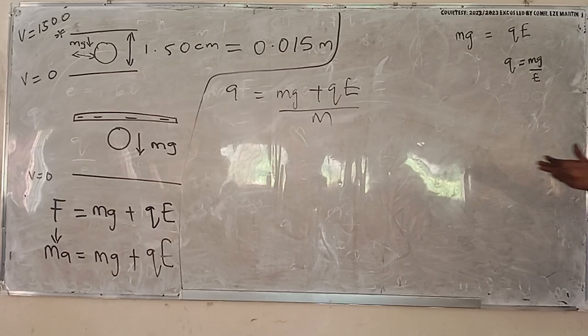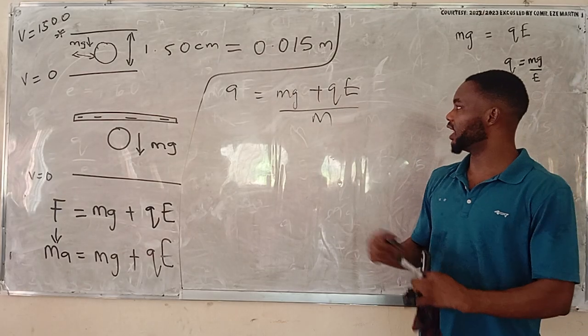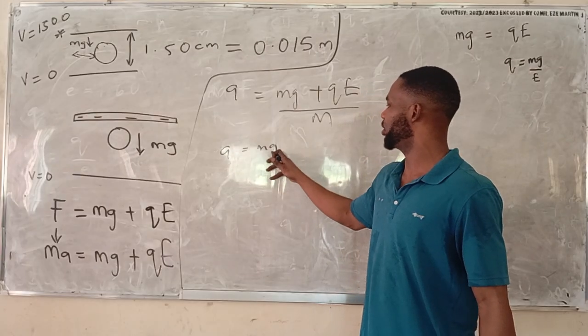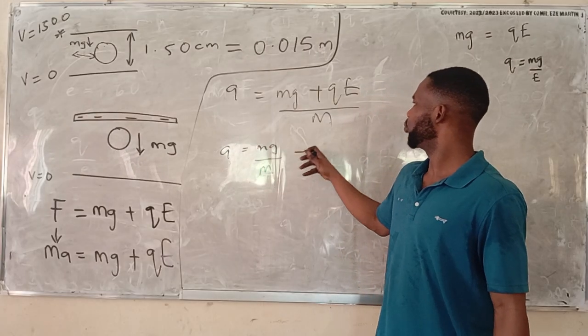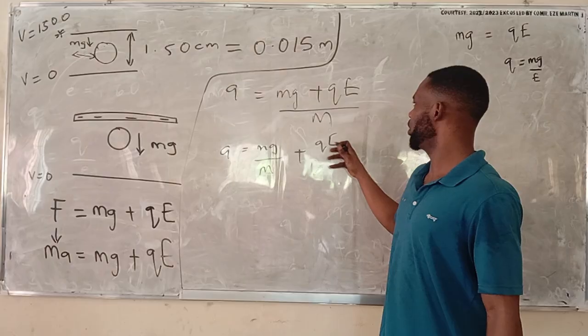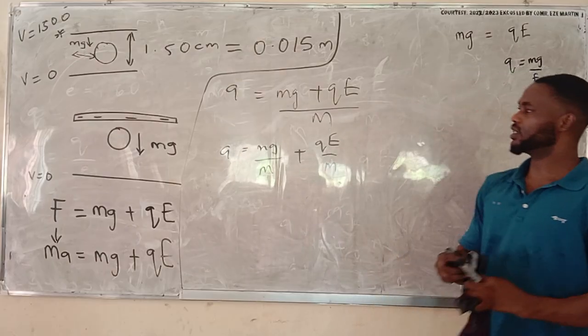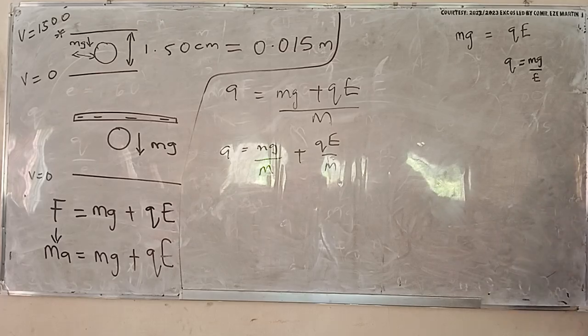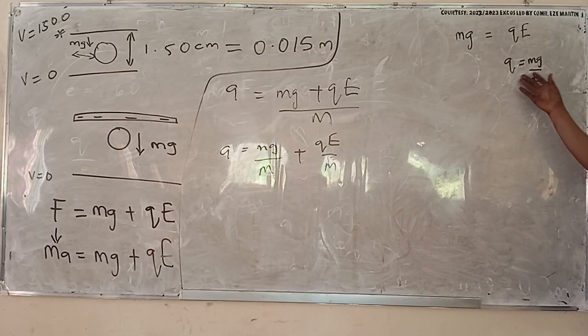So now that I have the acceleration, this is the same thing as saying a equals mg over m plus qE over m. The same thing you solve with this is the same thing you get when you do this.